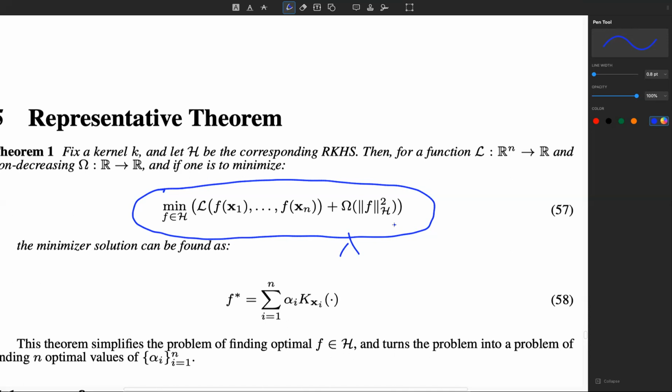Can you tell me how this solution compares with this? So what's my original constraint? I'm saying my f has to be an element of my RKHS. Now the only constraint I have on my RKHS is the kernel function k. But now I'm saying that the solution is constrained to be in this form. So what's the difference?